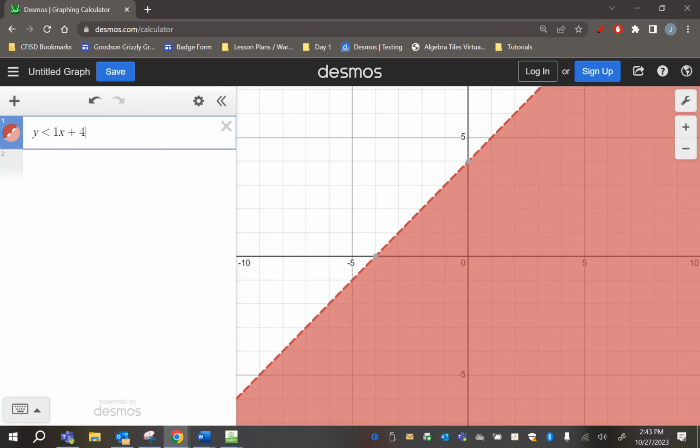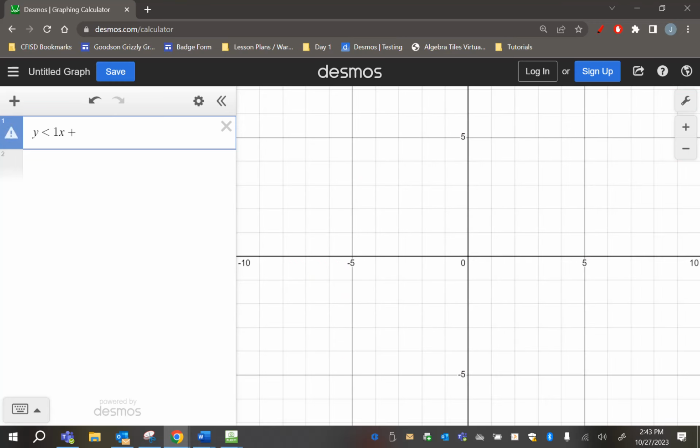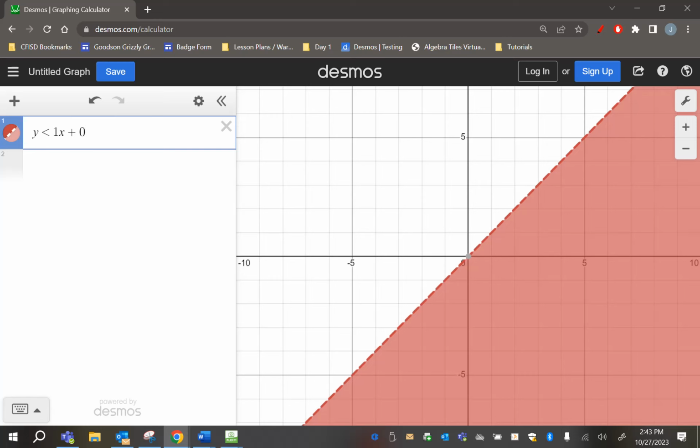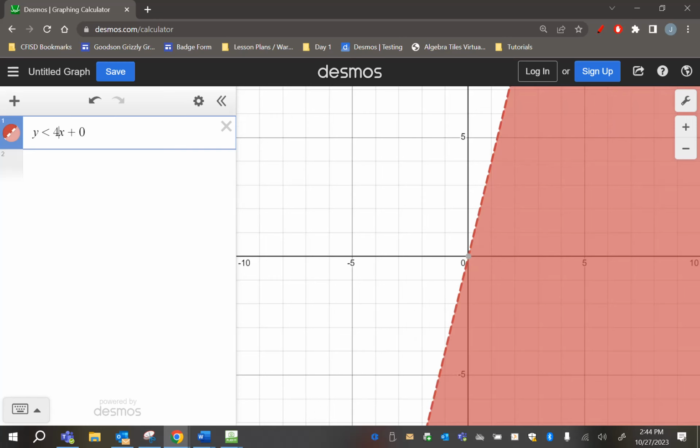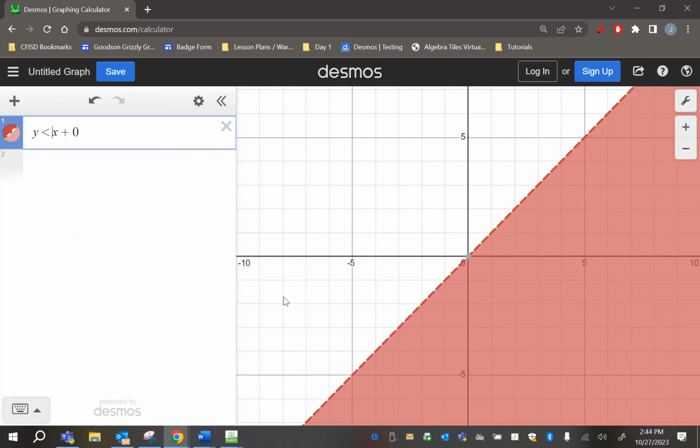But you can have multiple different arrangements of this where the y-intercept changes or the slope changes. And in all of these situations, now this is a negative slope, my solution set is below the line because the y value is less than the line. Okay, so the right side is the representation of the line in slope-intercept form, and then the left side is the y value.